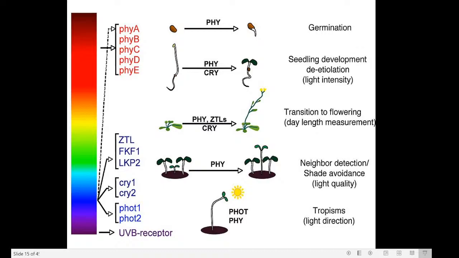Transition to flowering, neighbor detection and shade avoidance happen with these three receptors. And cryptochrome 1 and 2 are helpful for neighbor detection, and phototropin 1 and 2 are helpful for tropism.